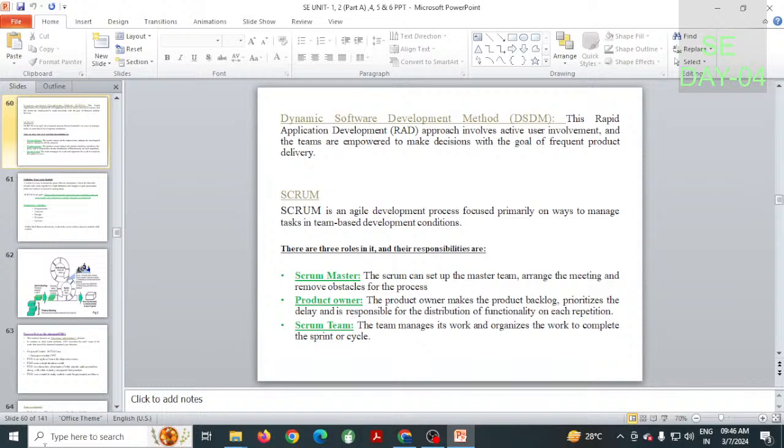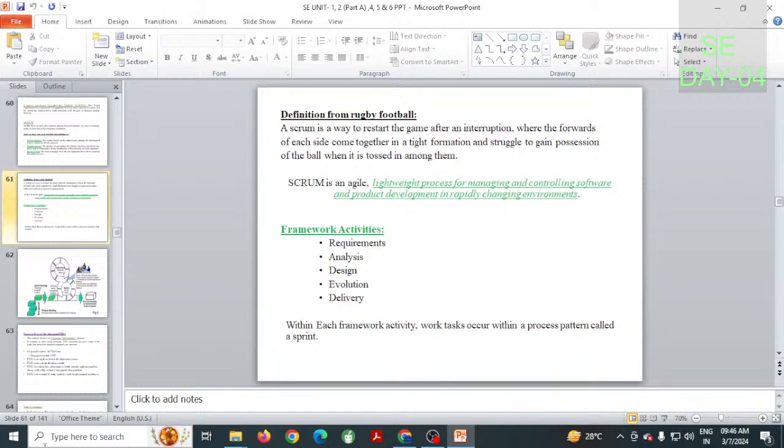Importantly, we discussed adaptive software development, the dynamic software development method, and Scrum. These are all agile process models. Along with this, we should discuss one example of Scrum. Consider a game: here we are discussing rugby football.